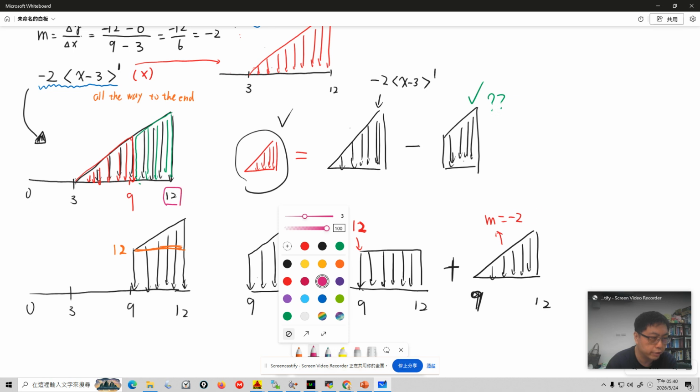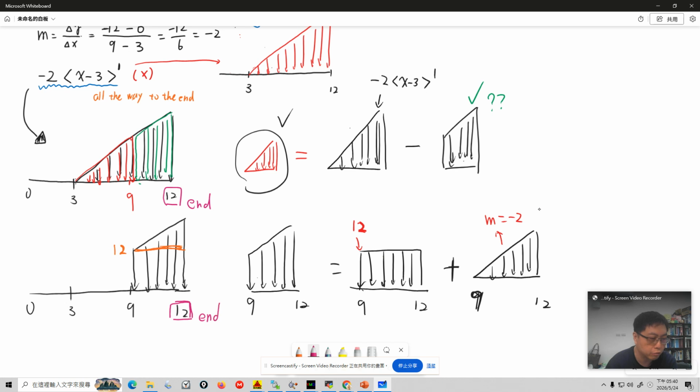In the usage of discontinuity functions, the end is very important and very convenient, because we can ignore everything at the end. So it becomes much easier to use. So 12 is the end.